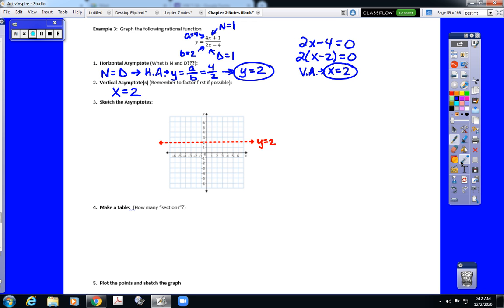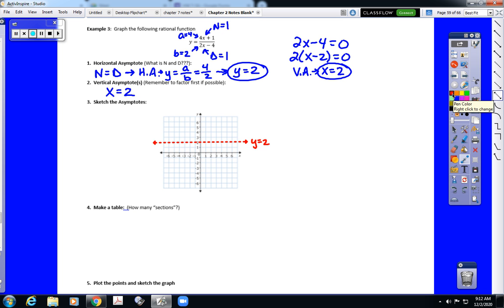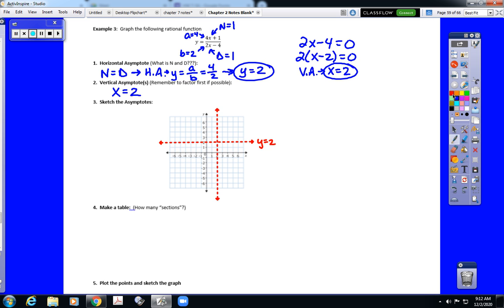So we can sketch that as well. We just quickly draw ourselves a vertical line at positive 2. And that line is our vertical asymptote. This is the line x equals 2, which is our vertical asymptote.